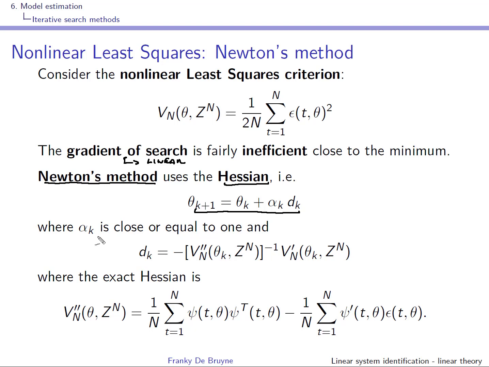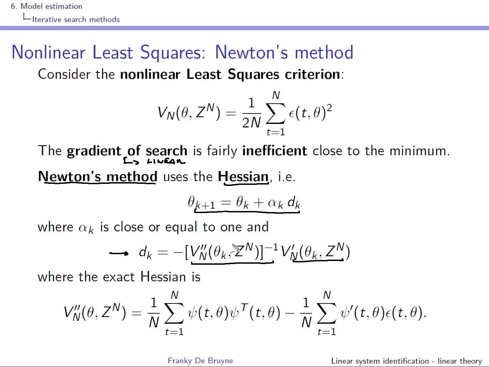For Newton's method, alpha k, the step size, is generally chosen slightly less than 1. So close to, or equal to, probably a little bit less than 1. The search direction involves the gradient with a minus sign, and you correct this by the inverse of the Hessian.